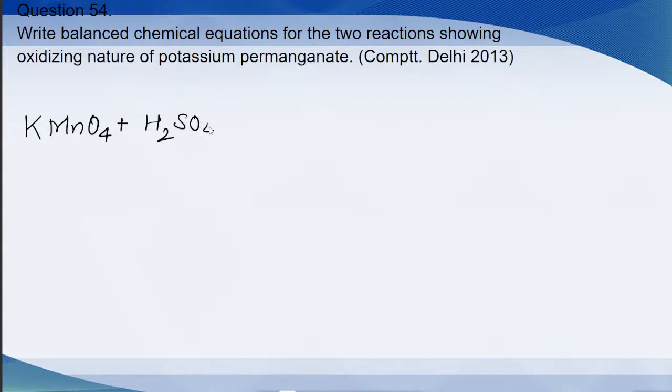Potassium permanganate in acidic medium will give K2SO4, MnSO4, K2SO4, so 2 MnSO4, so 2, so total 3 SO4 is 3 H2SO4, so add 3 H2O.